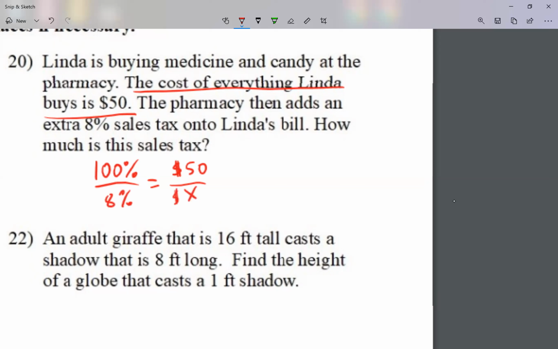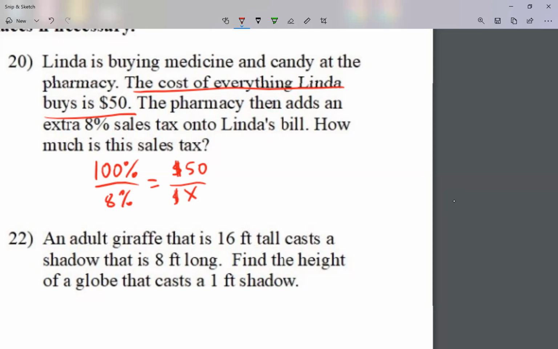If I'm interested in how much she is paying for everything, it will be 108%, because it's the 100%, whatever she's buying, plus the taxes. Here I'm just interested in the taxes.